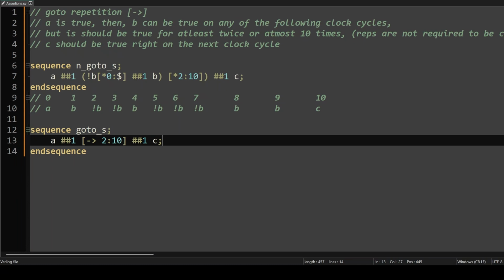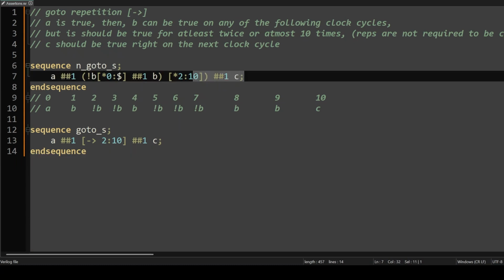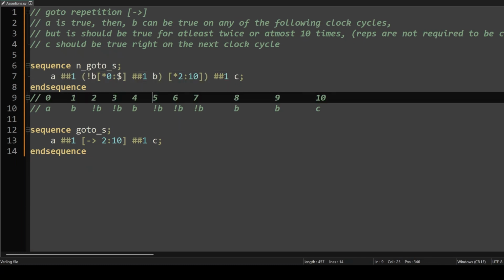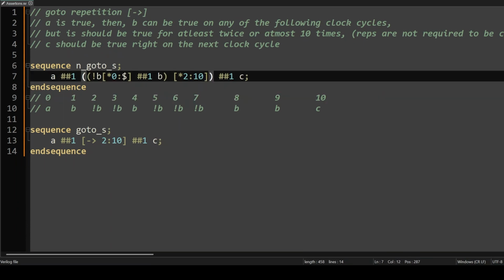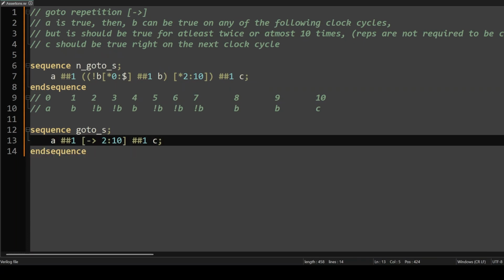You see how much simpler it makes the pattern. Before that, you had to write this entire thing and think about this particular pattern and decide it. And also, there should be another bracket right here. That's it. So you can write such a complicated pattern using the goto repetition and a small range.